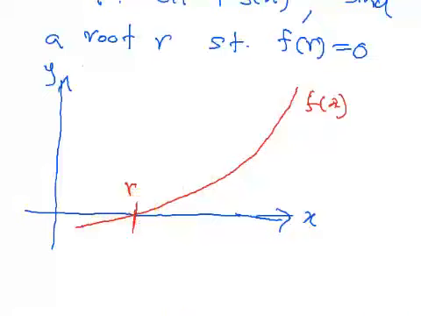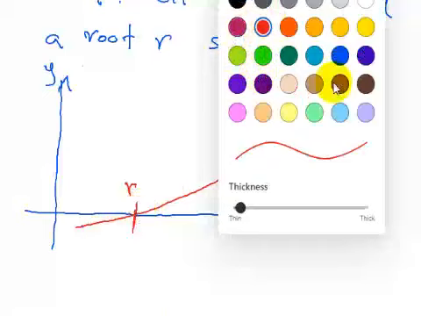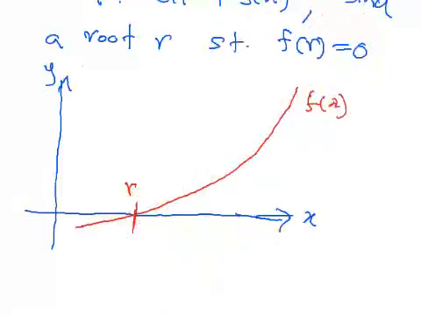These are the approximations, these are the iterates. Let's start off our method from here, xk. This is your approximation.